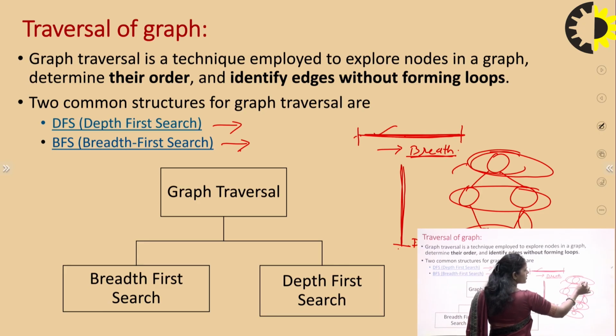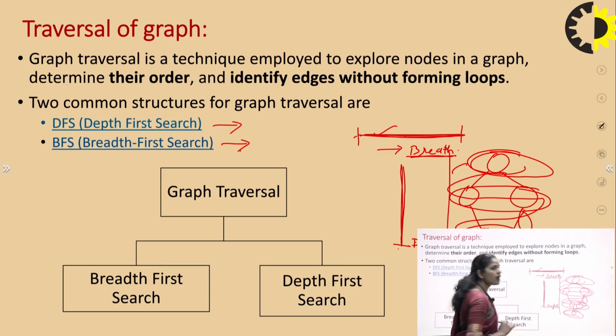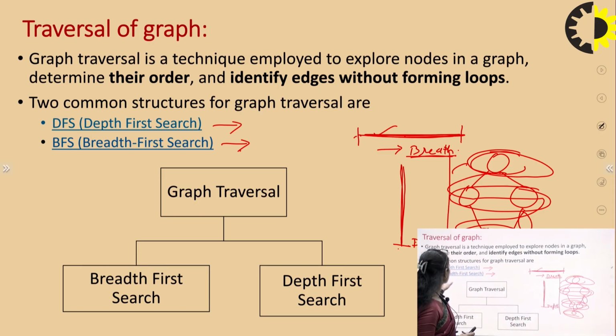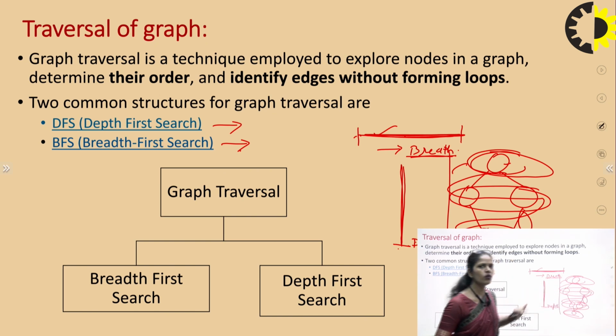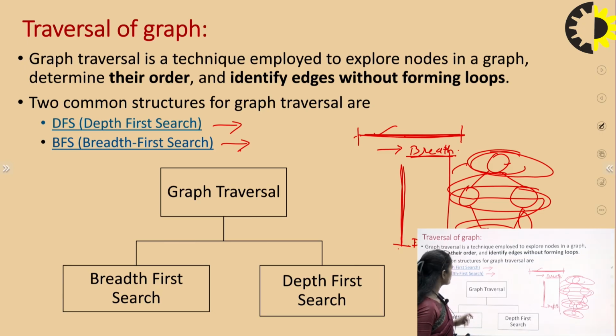I traverse this particular level first, then I come to this level, then this level, and then this level. So this is nothing but breadth first search. It works horizontally. First we cover the first horizontal level, then move on to the next level, then again the next level, up to the last level of the graph. So this is the concept of breadth first search.